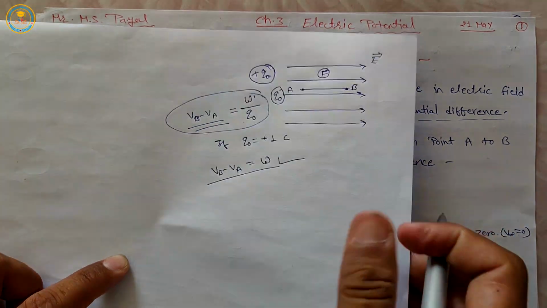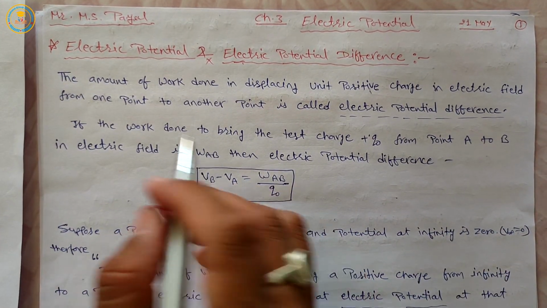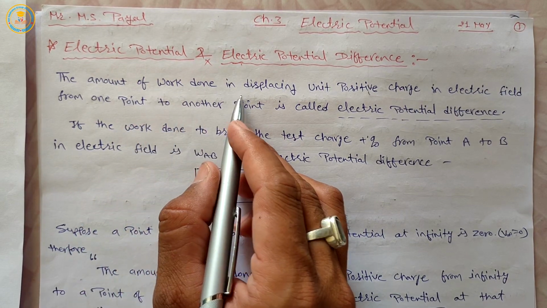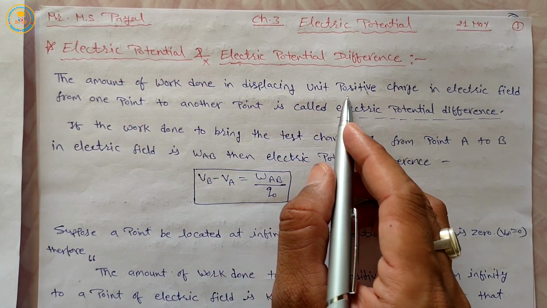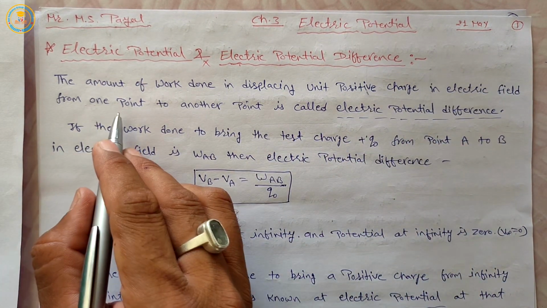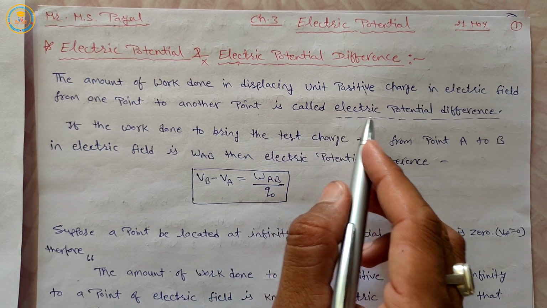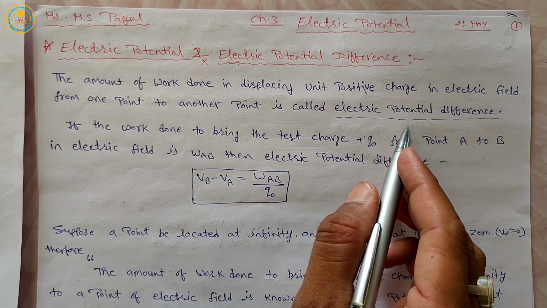According to this formula, the definition is: the amount of work done in displacing a unit positive charge in an electric field from one point to another point is called the electric potential difference.